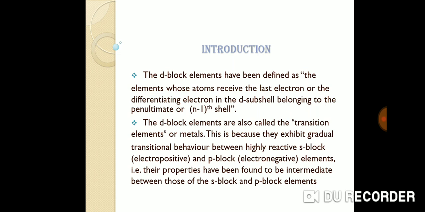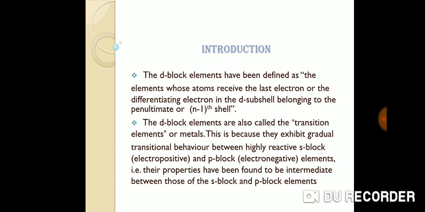And one more point here: the D block elements are also called the transition elements because they exhibit a gradual transitional behavior between the highly reactive S block elements and the P block elements in their properties. That is, their properties have been found to be intermediate between those of S and P block elements.